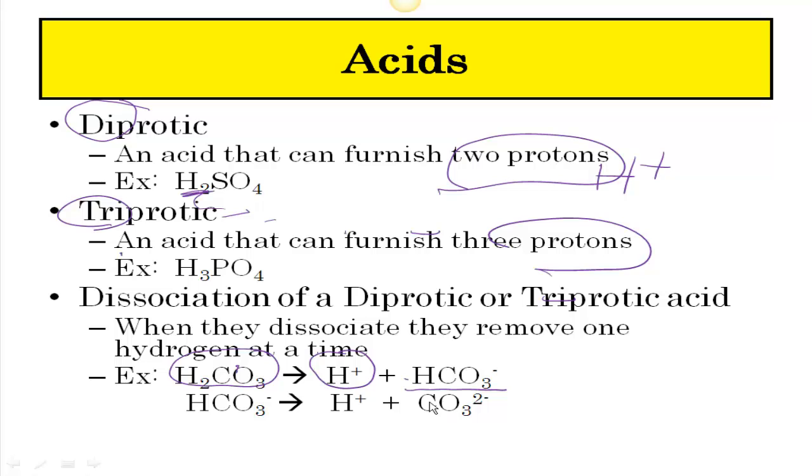Then it'll come down here in a new reaction, and it'll pop off another hydrogen, and then it'll get its final product where it has no hydrogen left over. So it does this in a 2-step process. If it was a triprotic acid, this would be a 3-step process because they would need 3 steps to remove all of the hydrogens.